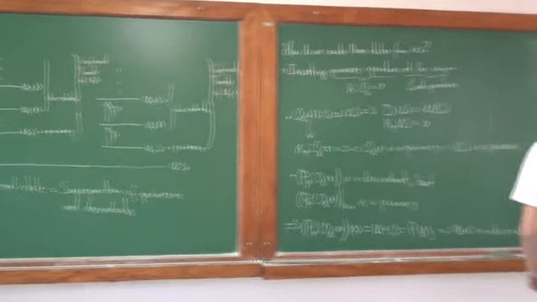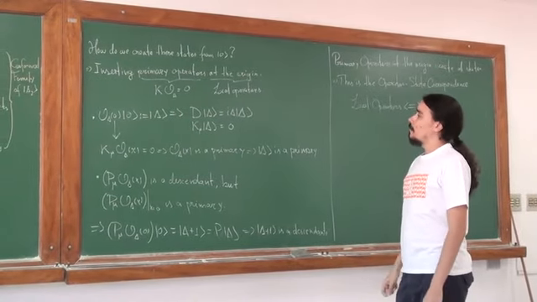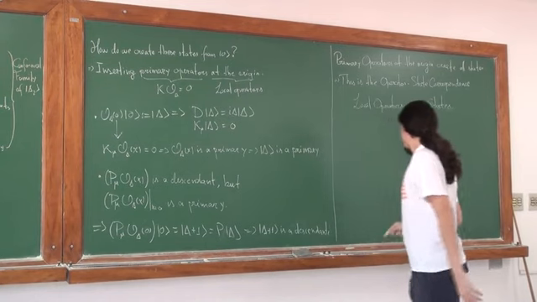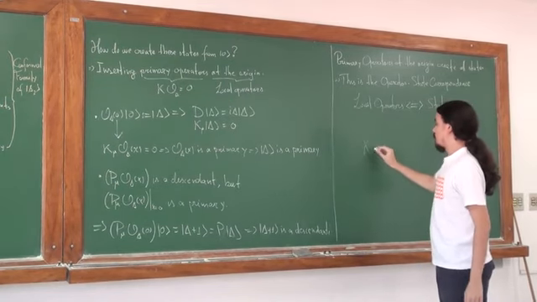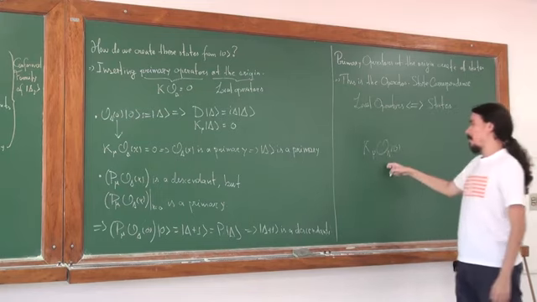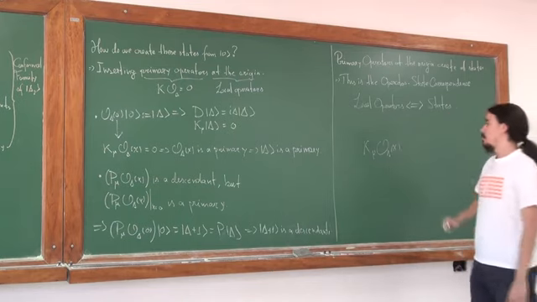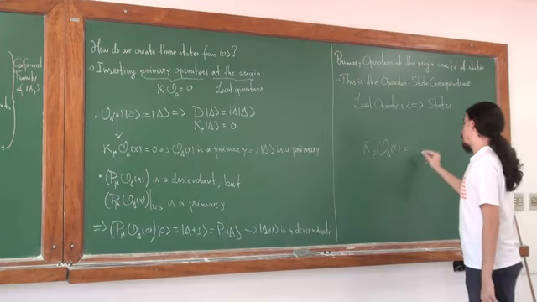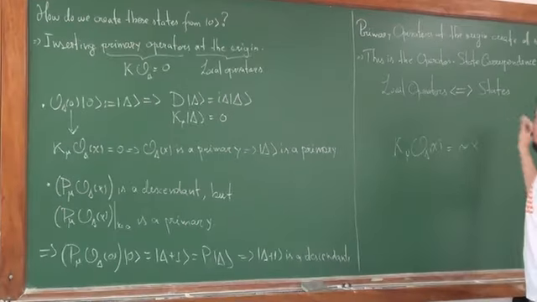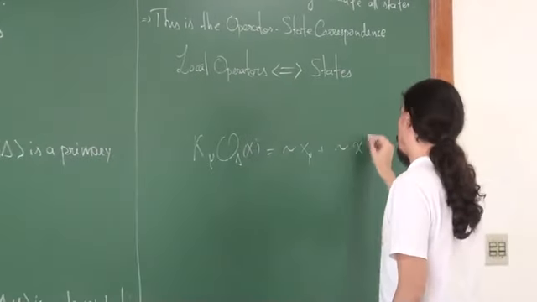Okay, and we saw, if you recall the algebra, if you take a primary operator of scaling dimension delta at point x, the action of this guy is something proportional to x plus something, it's mu plus something proportional to x squared.